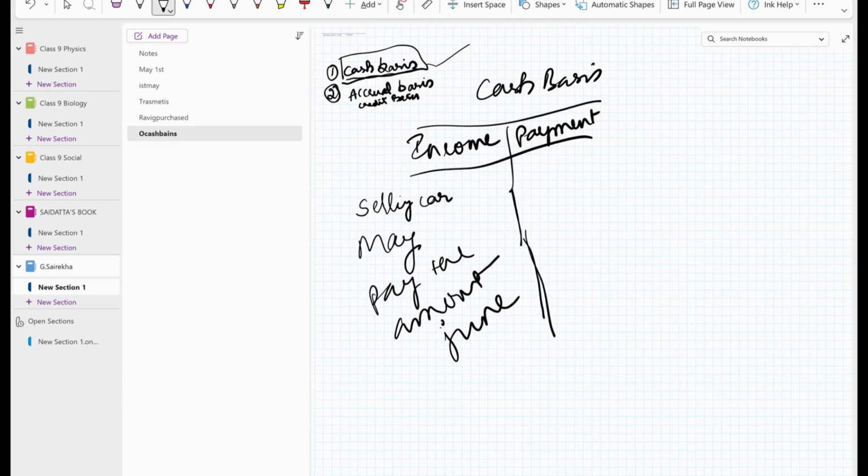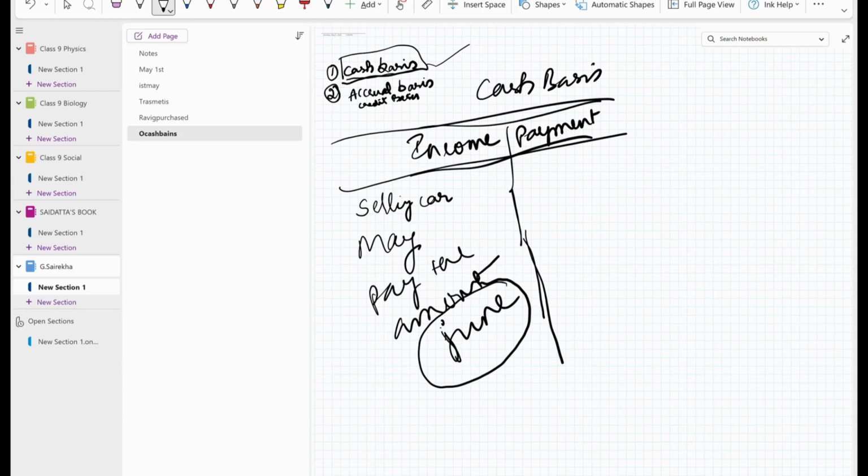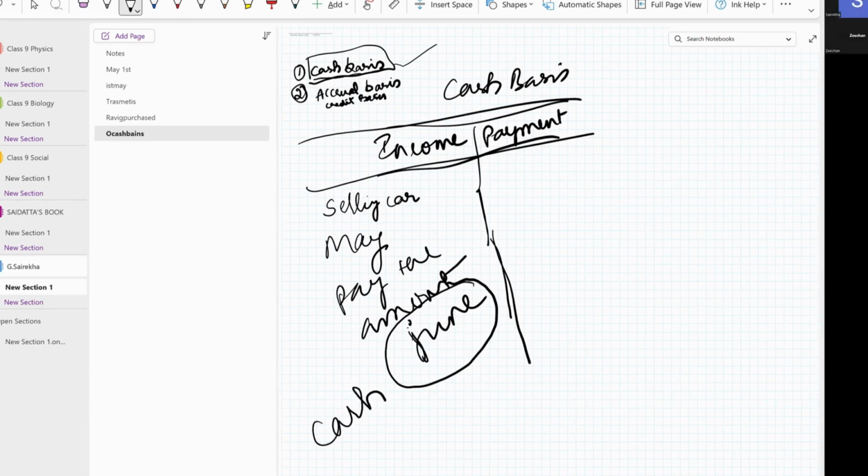So when will you receive the cash? In June. You sold the car in May, but the customer says I'm taking the car now, but I'll pay the amount in June. So when are you actually getting cash? In the month of June. So you write this entry in the month of June. Why are you writing it in June? Because you are receiving cash in the month of June.